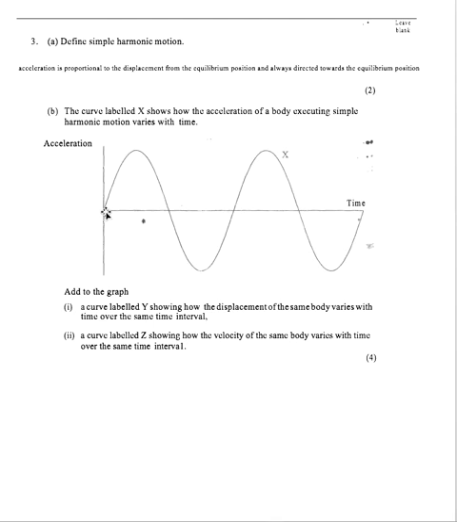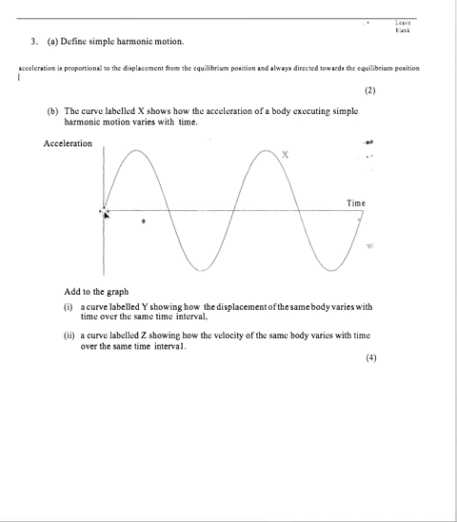So the maximum velocities will be here, here, here, here, and here. When the acceleration is a maximum, that's when your oscillating body is changing direction, so the velocity is 0. So the velocity will be 0 here, here, here, and here. And then you have to say, I know I'm going to have a maximum velocity here, but is it a maximum positive or a maximum negative?